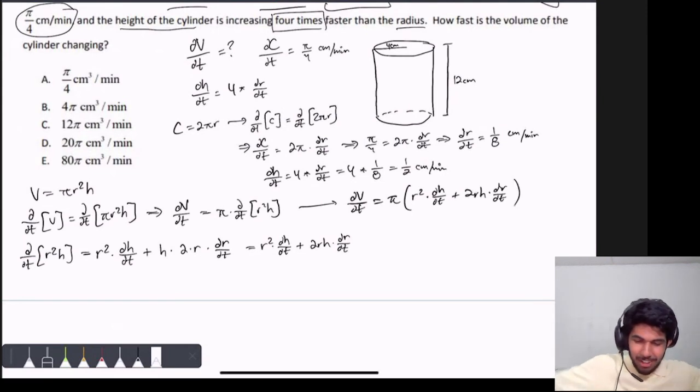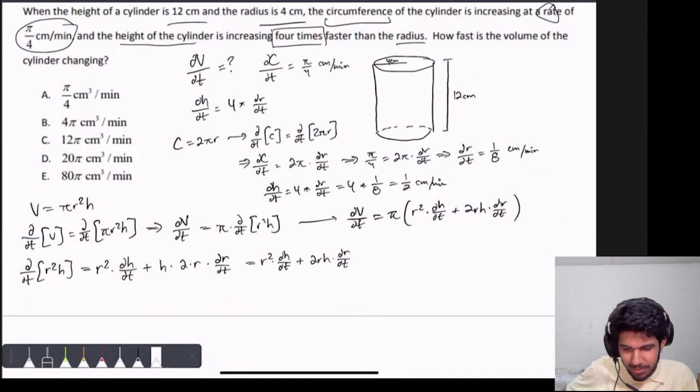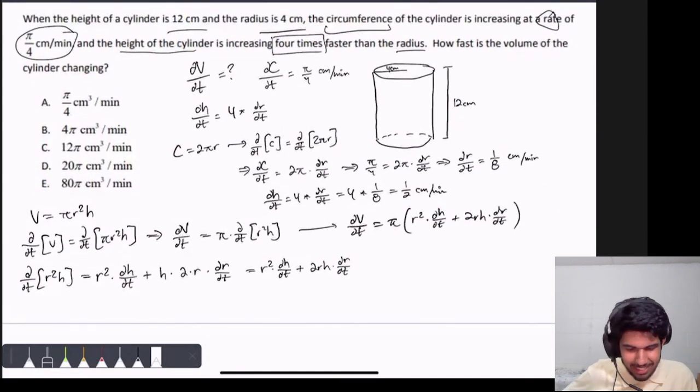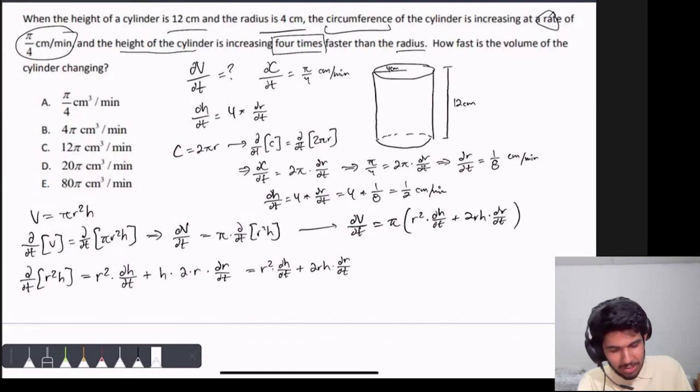And everything we have, we can substitute into this to solve for dv dt, right? We're trying to solve for dv dt. Well, yeah, that's it. We're given the value of r. We're given dh dt. We're given dr dt. We're given h. So let's solve for it.